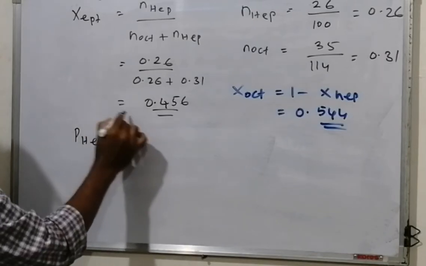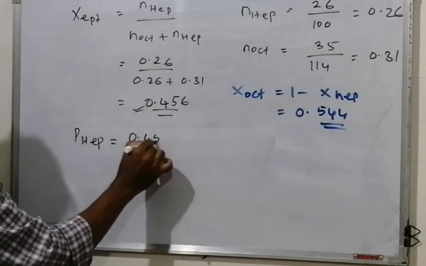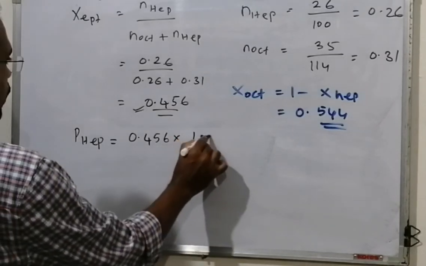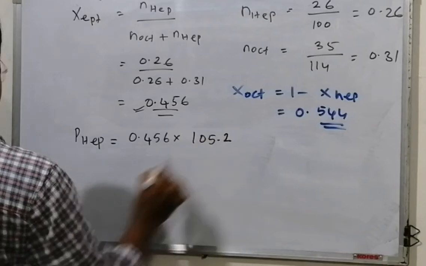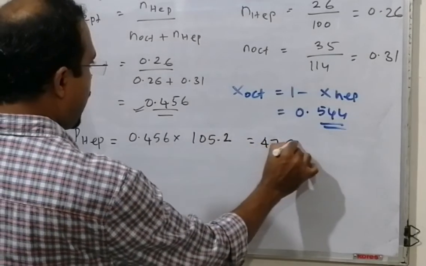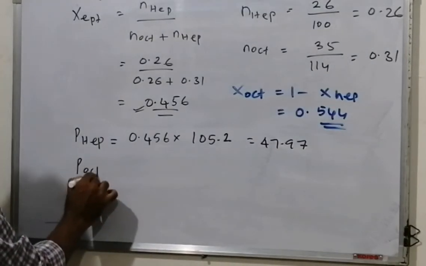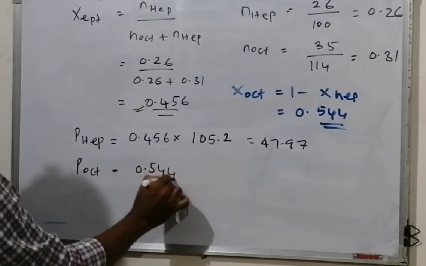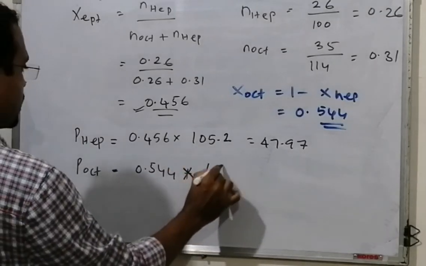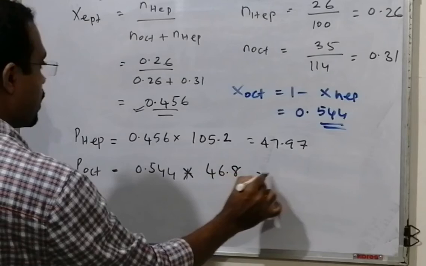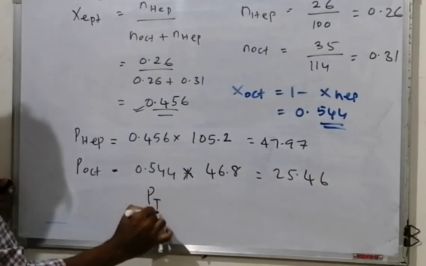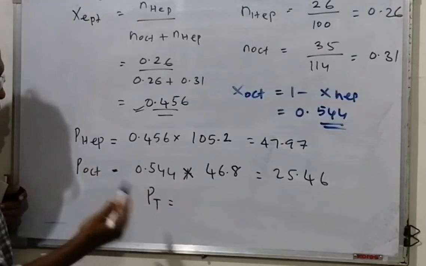That is 0.456 into 105.2, which is 47.97. P octane is equal to 0.544 into 46.8, that is 25.46.